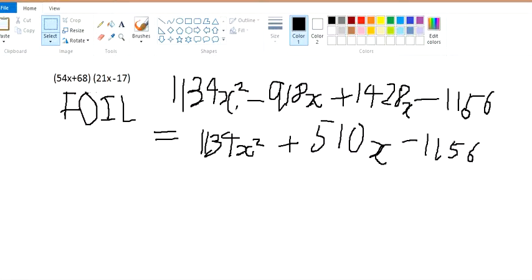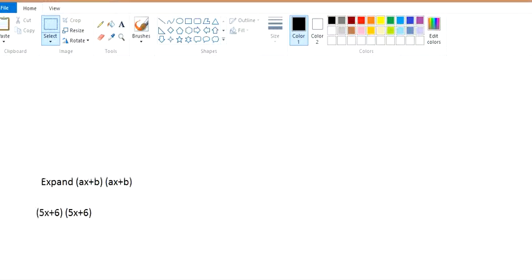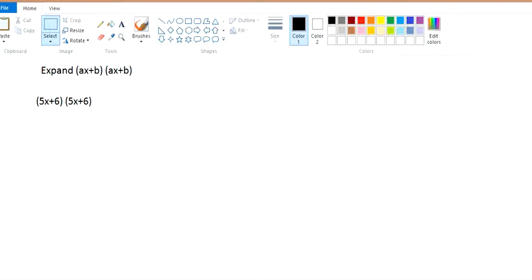And we shall see that in this next form, which is (ax + b) squared. So with this form of the polynomial, we'll need to apply a special rule. However, let's just do this with FOIL first to show you the universality of FOIL.